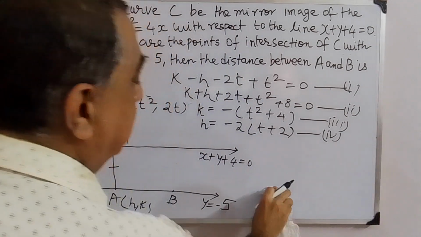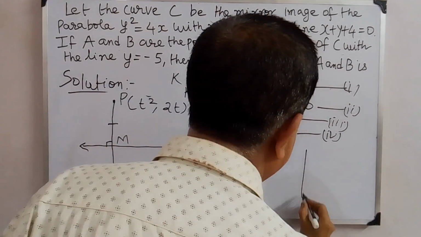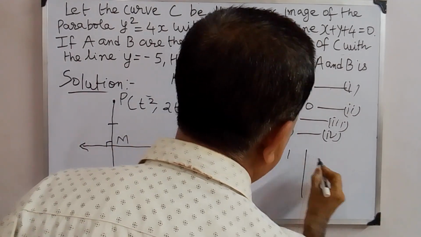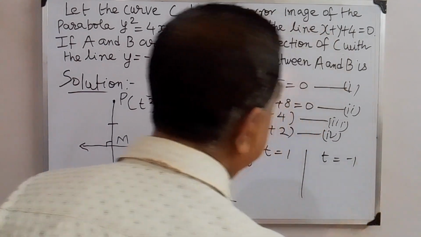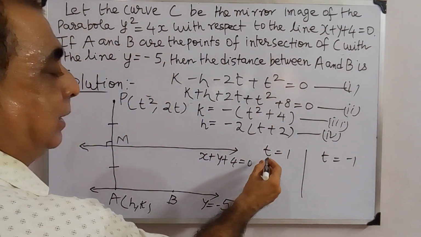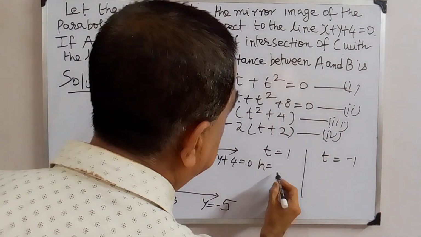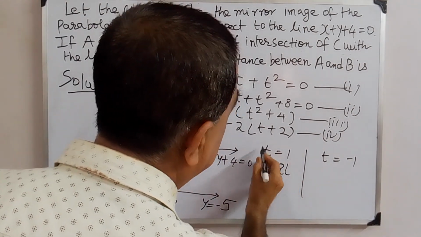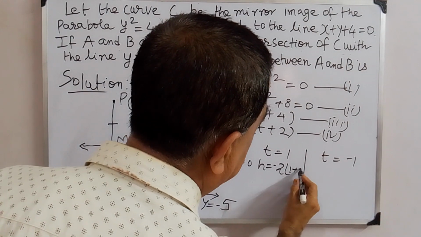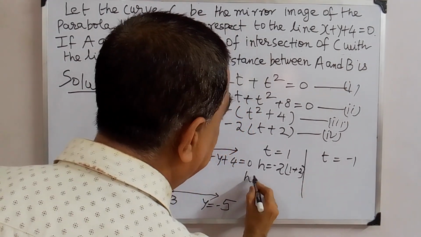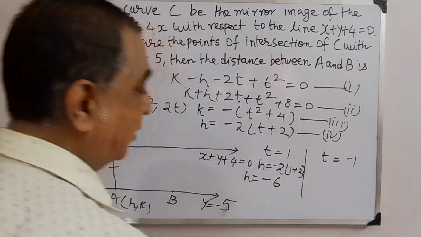So now we are taking the t value plus 1 here and t value minus 1 here. When we take t equals plus 1, h will be minus 2 into (1 + 2), so h will become minus 6.